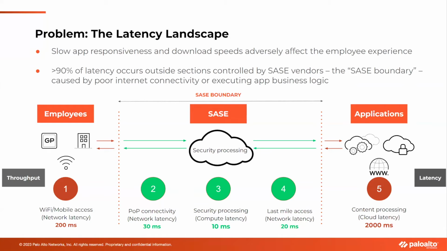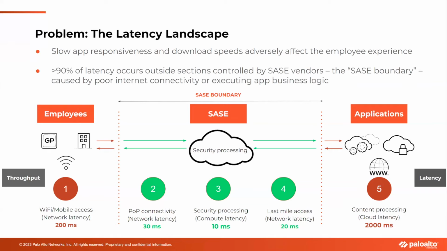But we want to make sure that we are not forgetting the big picture here. When a user is trying to access an application, 90% of the latency actually occurs outside of the things that can be controlled by our SASE vendor. It is actually around applications, where your content processing takes place.